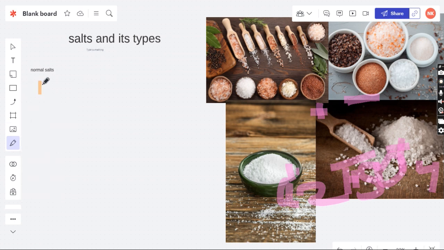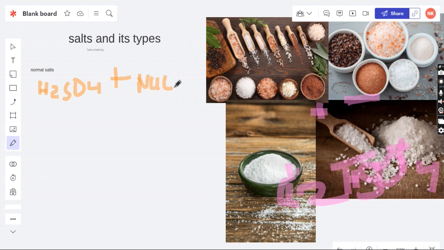For example, this is H2SO4, sulfuric acid, combined with, for example, NaOH.